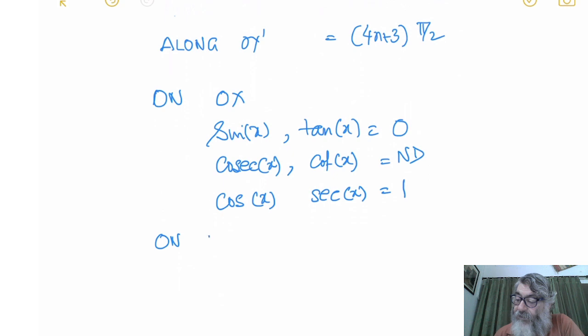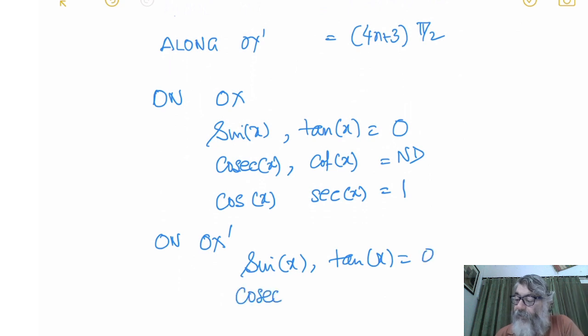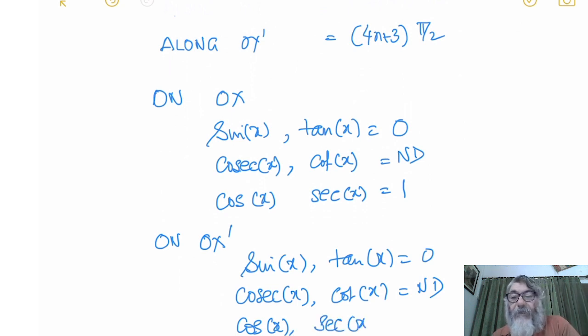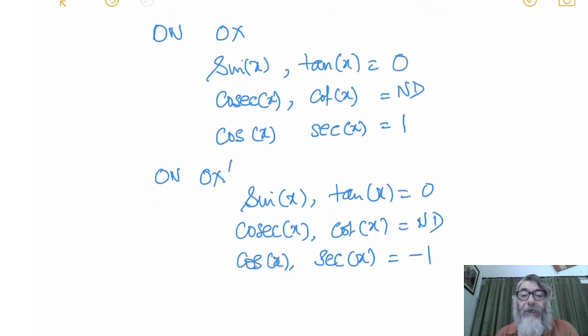On OX dash, on the reverse side, again sin x and tan x will be 0, cosec x and cot x will be not defined, and cos x and sec x will be minus 1. Cos 180, that is cos pi, will be minus 1, and sec pi will be minus 1.